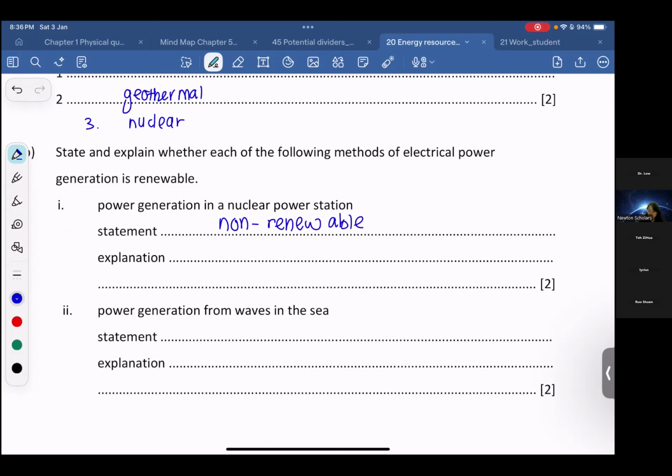Okay, explanation is because the nuclear fuel is used up. Once we finish using it, it cannot be replaced. So this is non-renewable. Okay, power generation from waves in the sea.